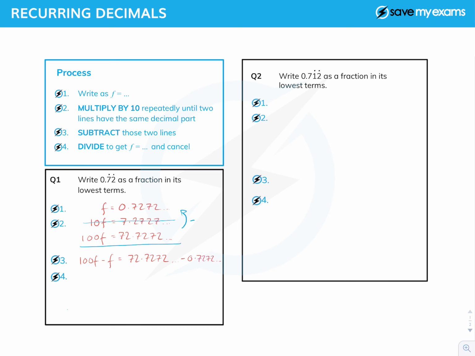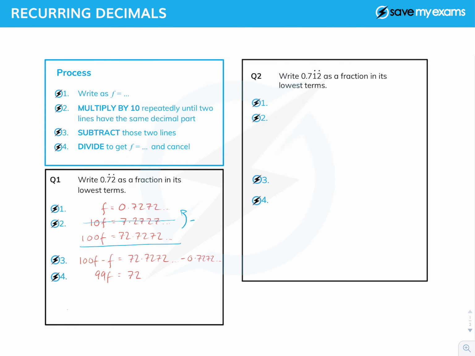Okay, and simplifying that, 100f minus f is 99f, and that equals, well, when I subtract the 0.72 recurring from the 72.72 recurring, the decimals disappear. And that was the whole point of doing that, really. So I'm left with only whole numbers, or if you like, integers.